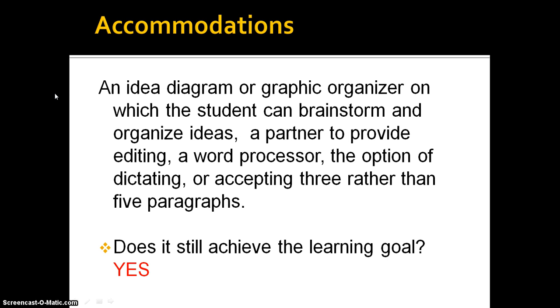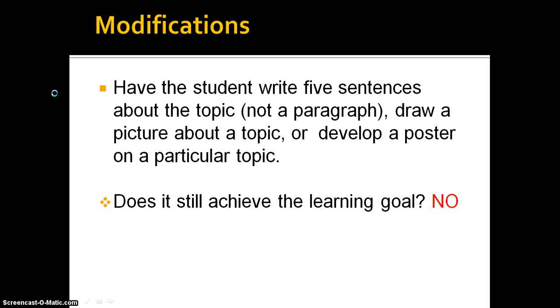Let's look at some modification examples. Have the student write 5 sentences about the topic as opposed to a 3-paragraph essay. Draw a picture about a topic or develop a poster on a particular topic. So is that still achieving the learning goal? No, it's not.